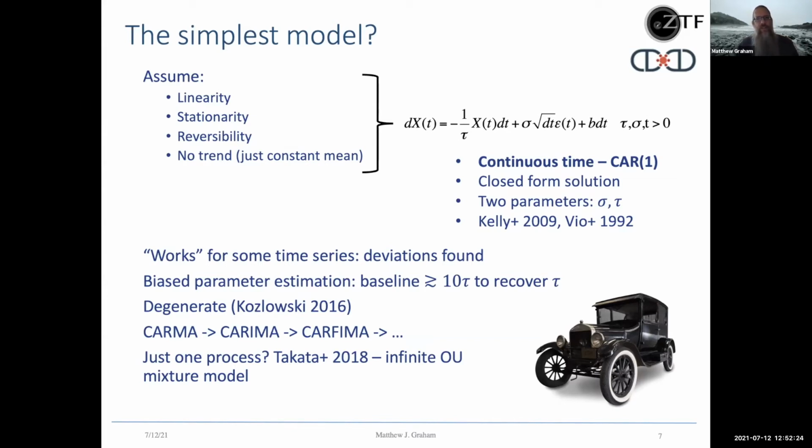But this assumes linearity, stationarity, reversibility, and that there's no trend, that is, just a constant mean. It's a good model to work with, firstly, because it gets around any irregular time sampling you have, which is a huge, huge plus, particularly for surveys like LSST.